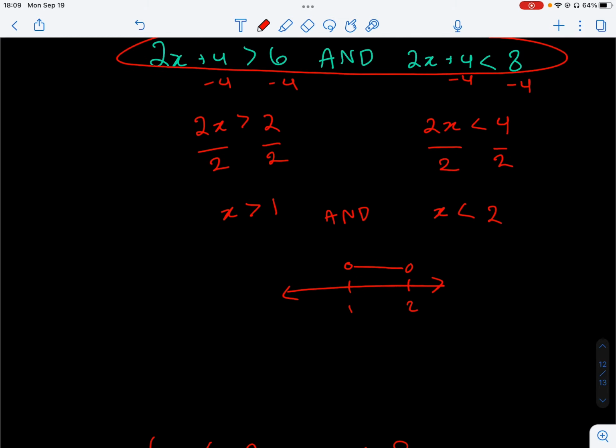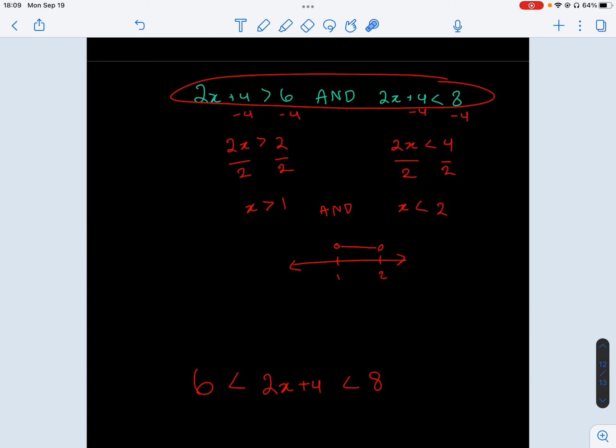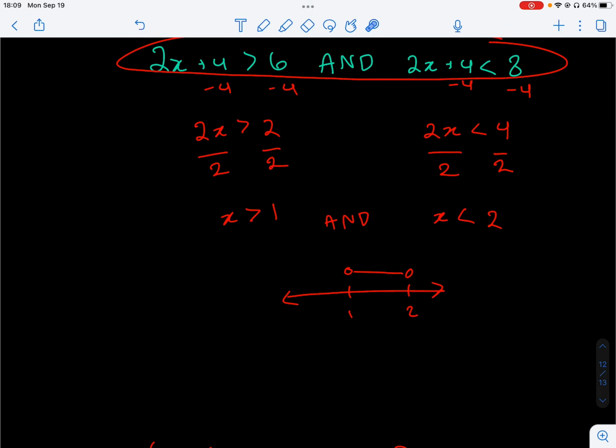So you can really think that I have, for instance, 6 is less than 2x plus 4 is less than 8. Because here we have my expression 2x plus 4 is less than 8. That's right here. And 2x plus 4 is greater than 6. If you read it right to left, that is still true.